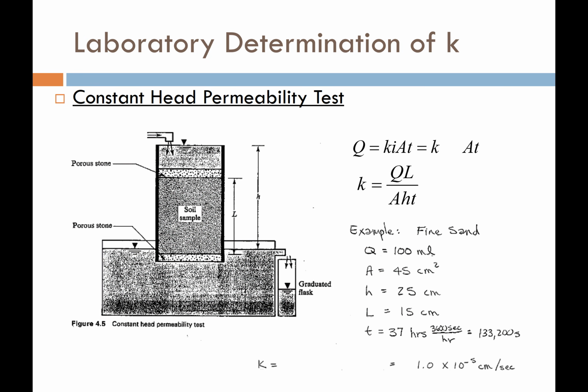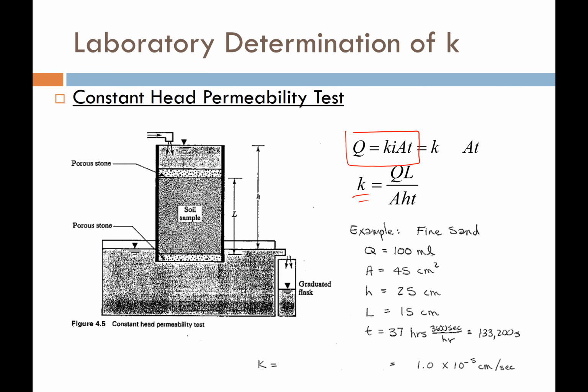In terms of measurement, there are really two general ways that we can measure the hydraulic conductivity. The first way is using what's called a constant head permeability test. All of these methods of measuring hydraulic conductivity involve using Darcy's law and just isolating the unknown, which is the hydraulic conductivity.